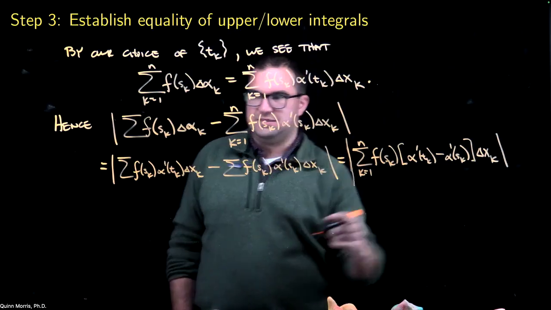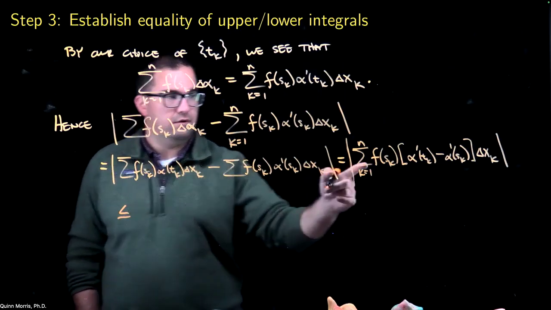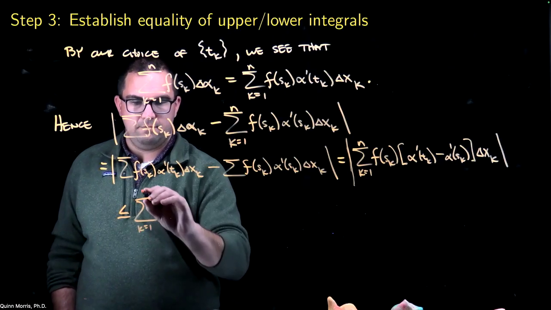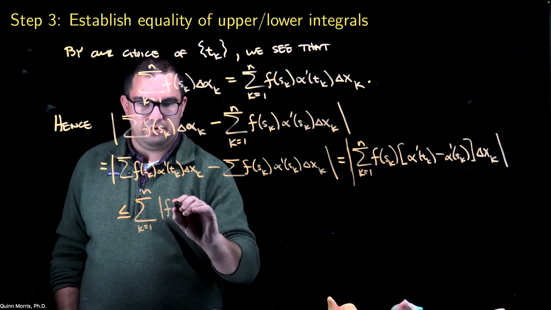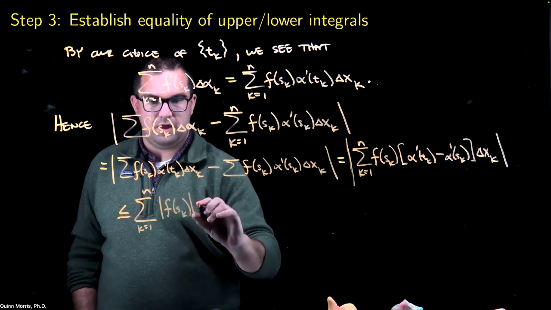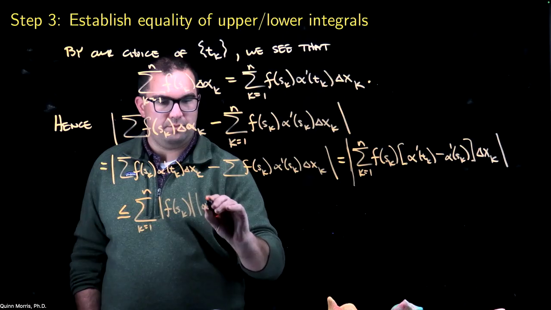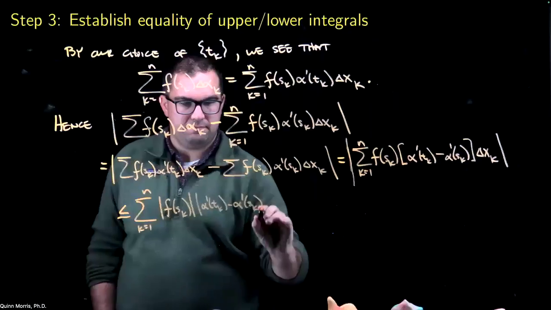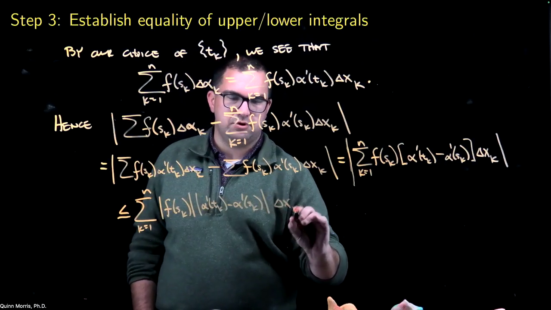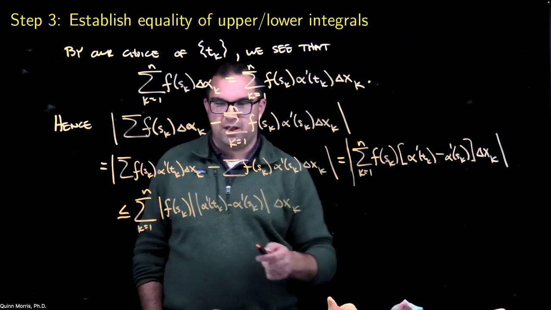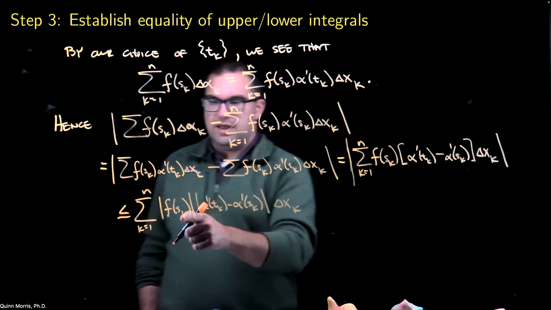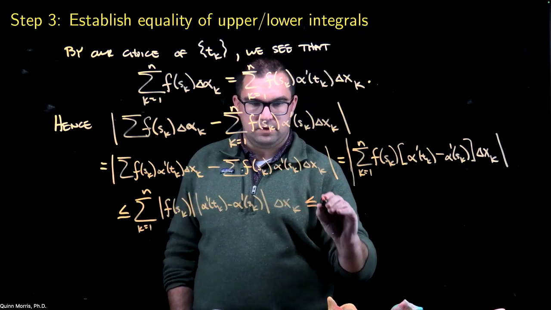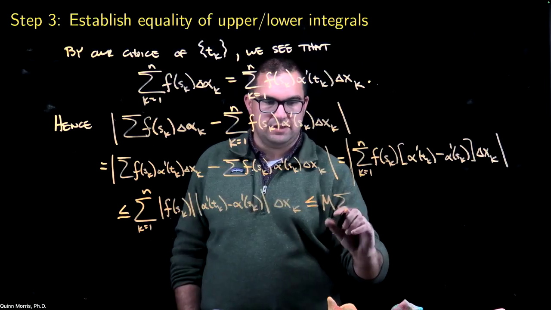So if we take this and apply the triangle inequality, we get an absolute value of f of sk times an absolute value of alpha prime of tk minus alpha prime of sk. And then we get an absolute value of delta xk, but delta xk is always positive, so we can drop the absolute values off of there. And now the worst this thing could possibly be is m. And m is a constant, so I can pull it outside of the sum.